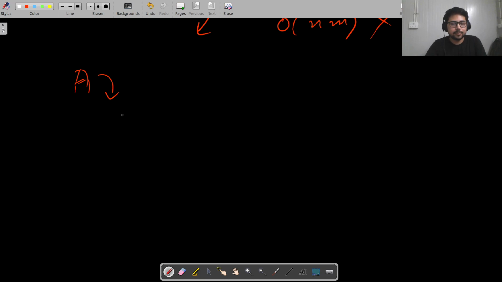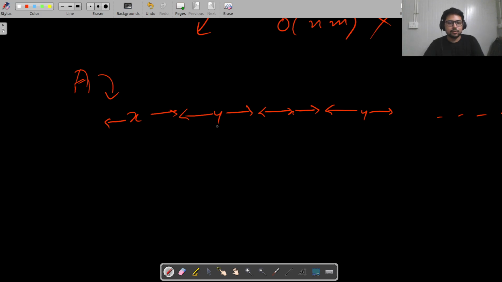From here, up till x amount of time it will work, then up till y amount of time it will remain in maintenance, again it will work for x, and then again it will come under maintenance, and the process just goes on like so.